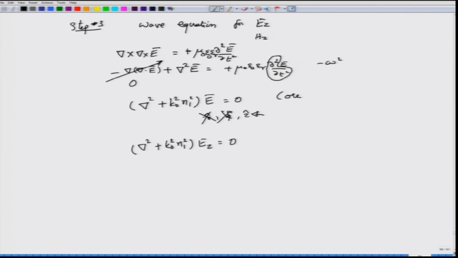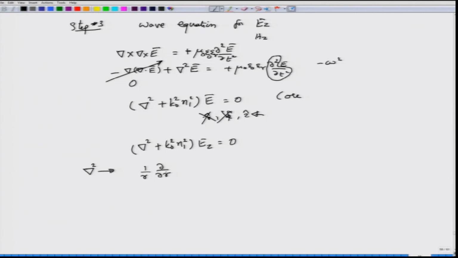Now, brace yourself for a little bit of a mathematical problem, because del square does not have a simple form as it had for the Cartesian coordinate system. Del square in this case actually has a form which is a little complicated because we are dealing with cylindrical coordinates. So, this is the del square equation that I am writing.